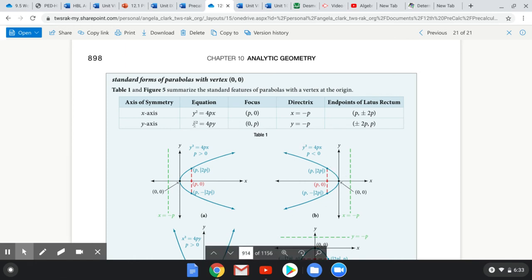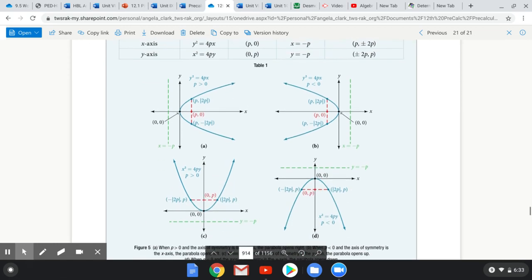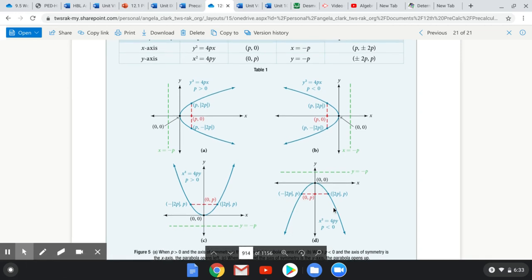If I have x squared equals negative something y, that's going to be my down-facing parabola. So if I scroll down further, you'll see that. So that would be negative p, positive p, positive p, negative p. Okay? Y is squared, x is squared. So those are just things to pay attention to.